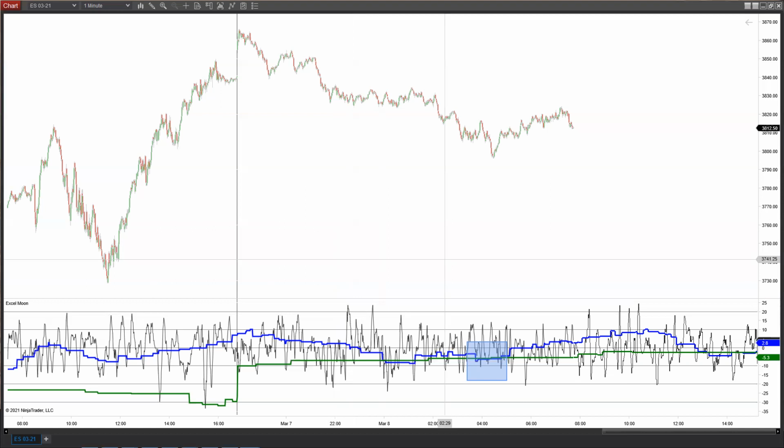So for anybody trading this morning, European traders, early London traders, could have easily jumped on this trade. What happened here, our green line is kind of flat, but it's starting to pulse slightly up.